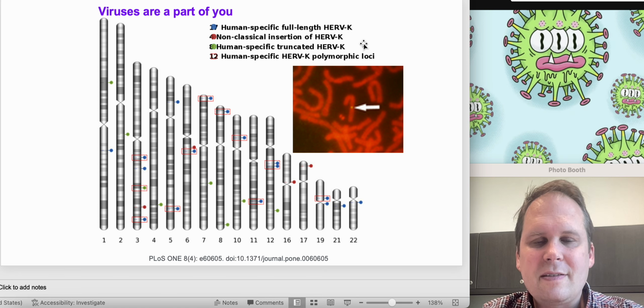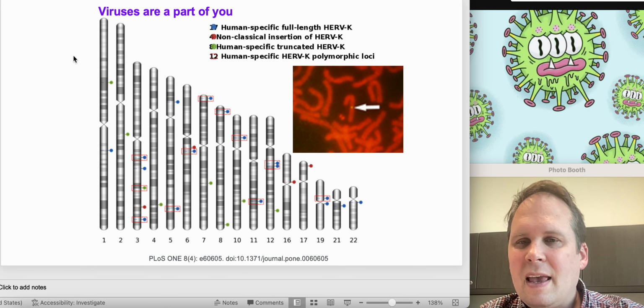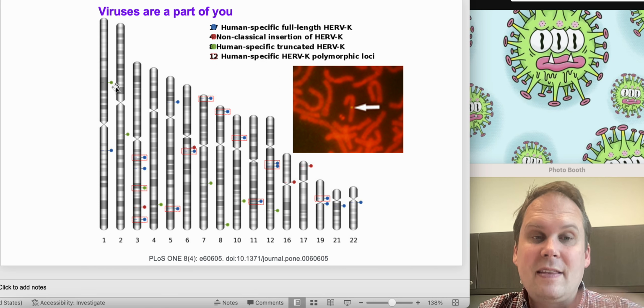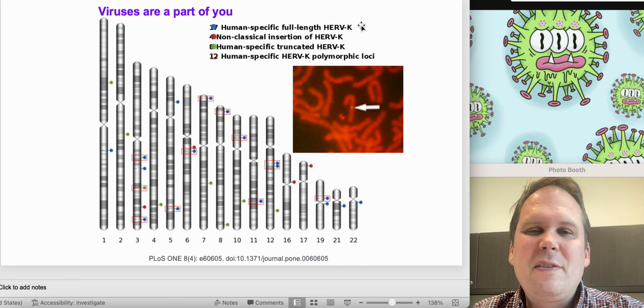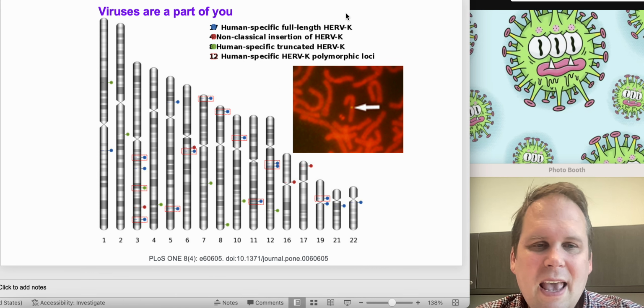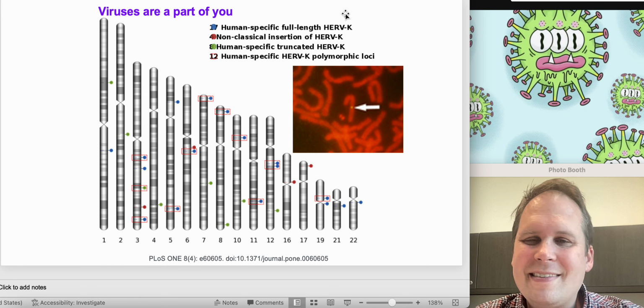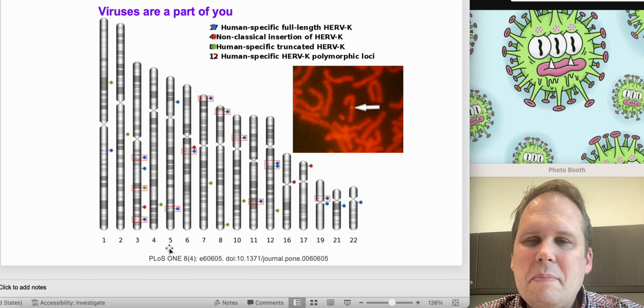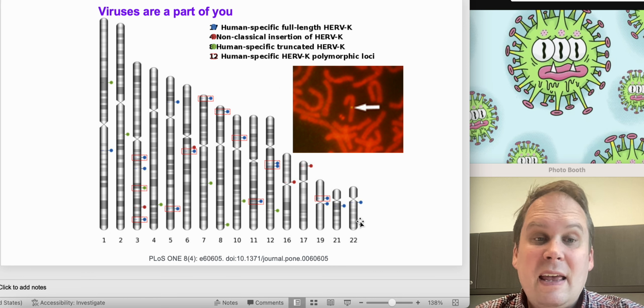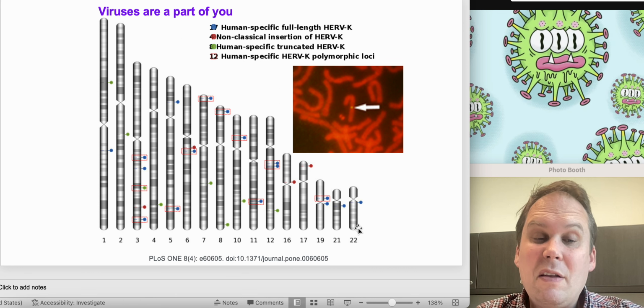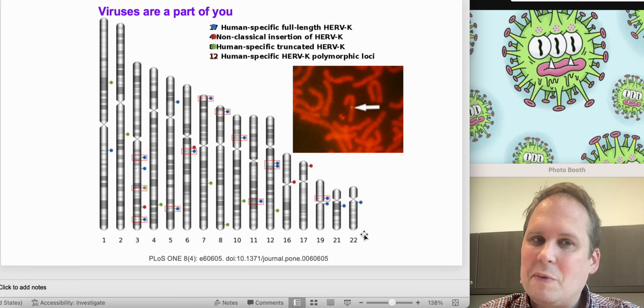So a retrovirus is a virus like HIV. And so these are endogenous in that they're born with you. This is one particular type called type K, and we'll learn what the heck that means later. But these are all embedded HERV type Ks in the human genome. And they're all pretty much complete, and they all have a couple mutations, and we'll learn how they got there.